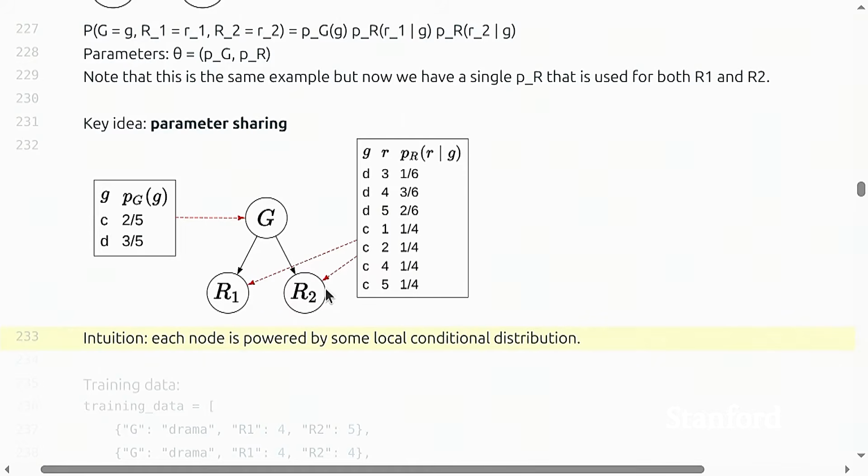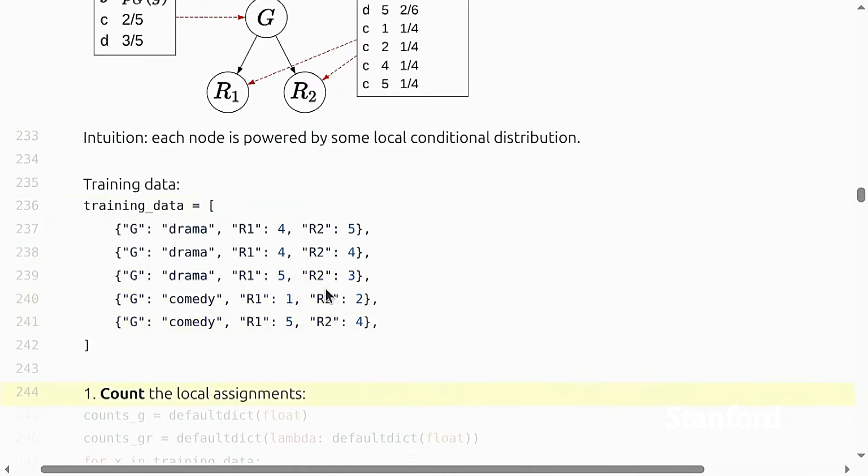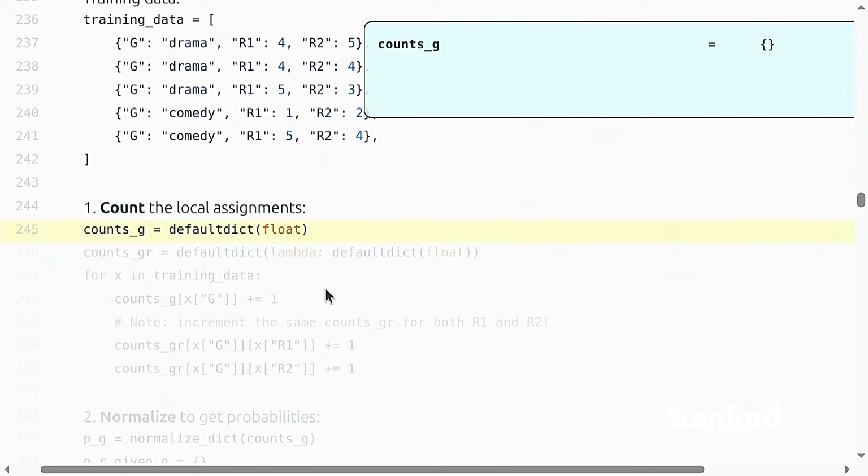Okay, so how does that change the estimation? We're going to present the same data as before, and now count the local assignments. Remember, the counts that we keep track of are associated with the parameters, not the variables in the network.